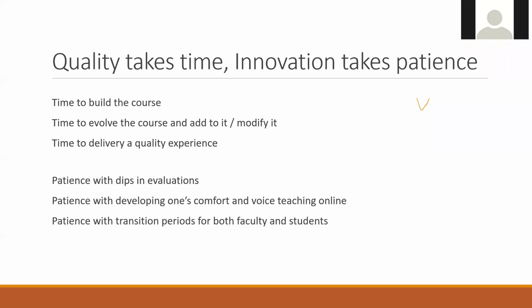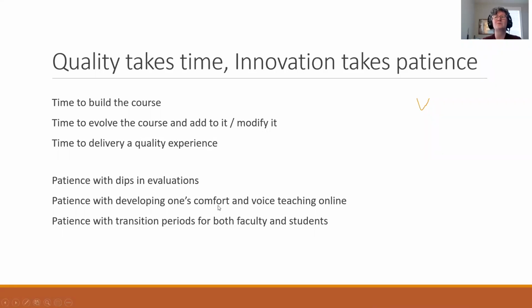And we've tried to adapt our policies here at Curry on faculty review and tenure and promotion so that we're not penalizing faculty who are trying to innovate and thus may experience a dip in evaluations. So it's good to be patient both with yourself and collectively.